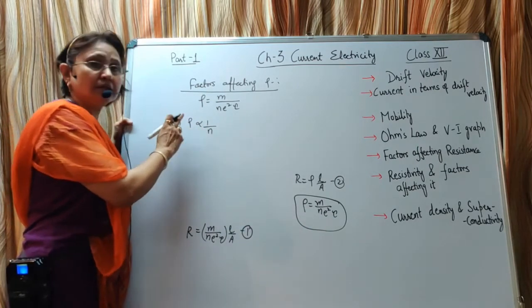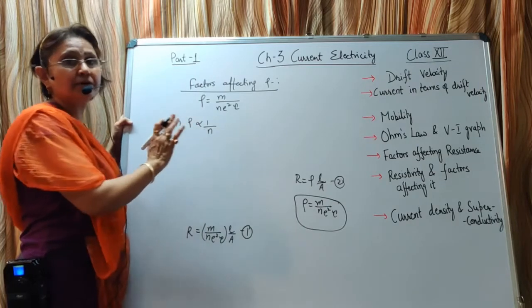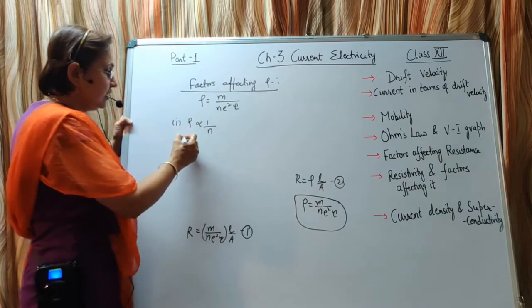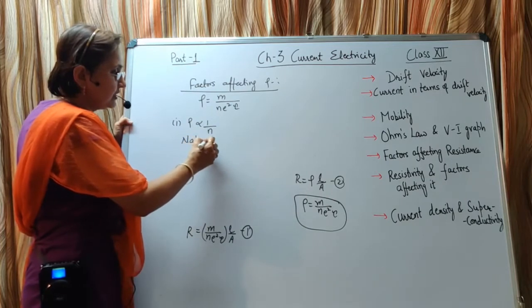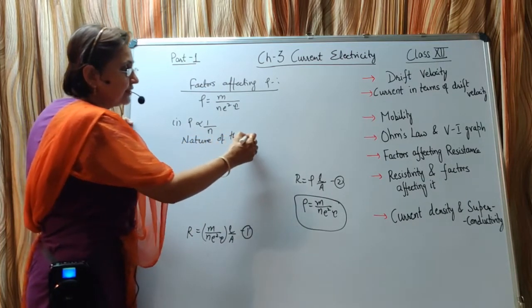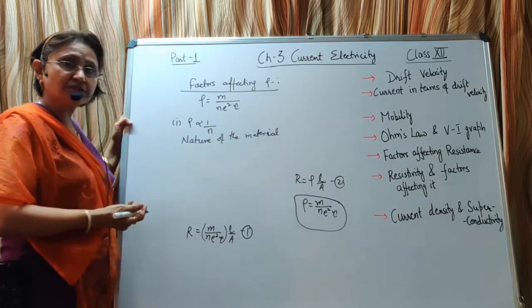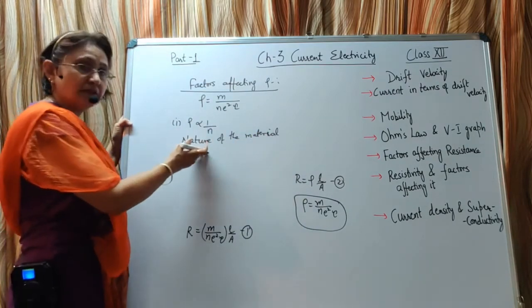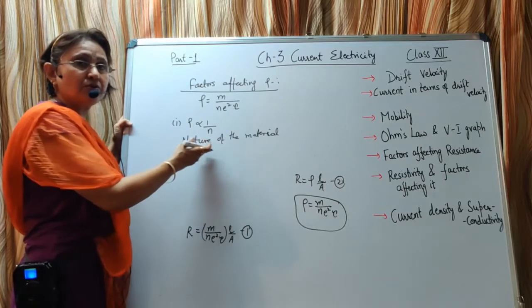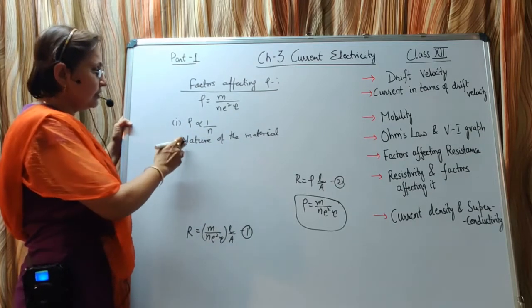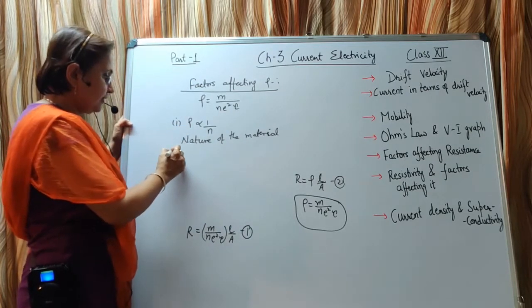So it means the resistivity depends upon the nature of the material. So what is the first factor on which it depends? It is the nature of the material. For different substances, the resistivity will be different. Copper will have different resistivity as compared to iron, gold, etc. So it depends upon the nature of the material.